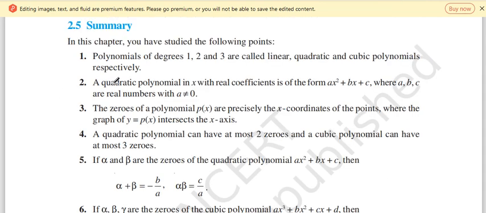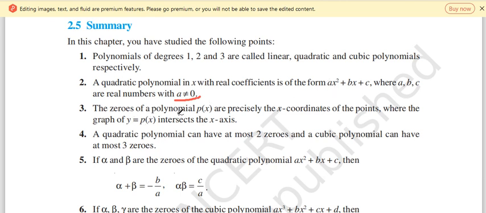Summarize. Polynomials of degree 1, 2, 3 are called respectively linear, quadratic and cubic polynomials. A quadratic polynomial with real coefficients is of the form ax square plus bx plus c, where a, b, c are real numbers with a not equal to 0. If it is a quadratic polynomial, then the leading coefficient a is not equal to 0.